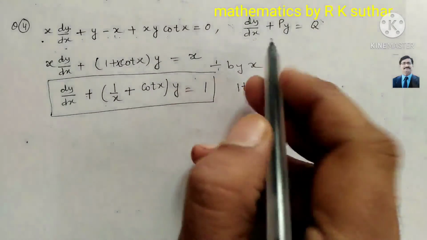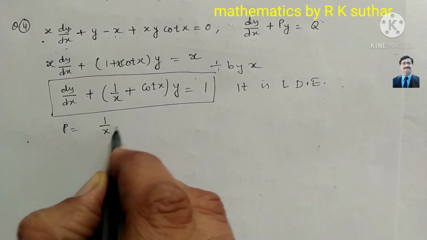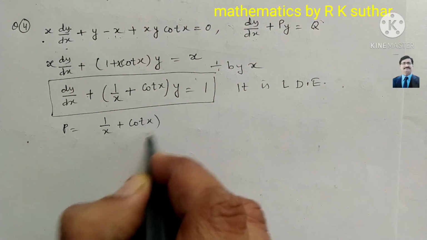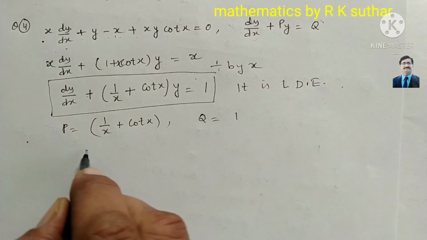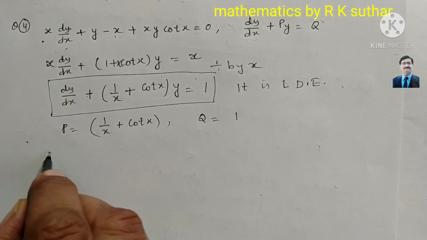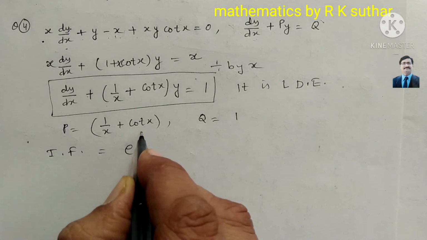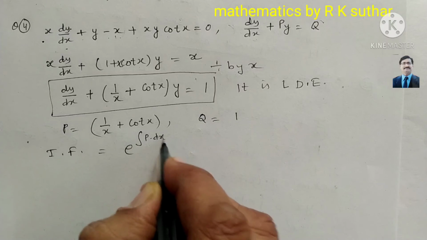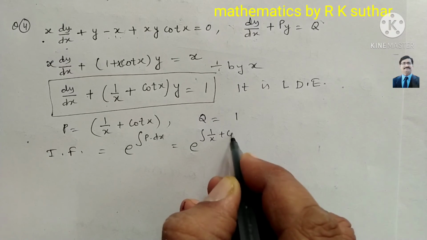Now we compare with the linear differential equation. We get P equals 1 upon x plus cot x, and Q equals 1. Now first of all we find the integrating factor, which equals e power integral of P dx. So e power integral of 1 upon x plus cot x.